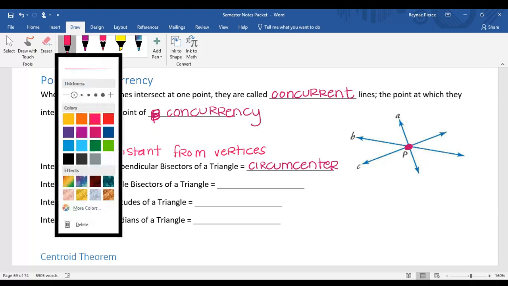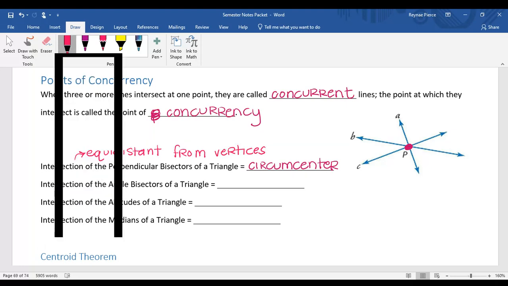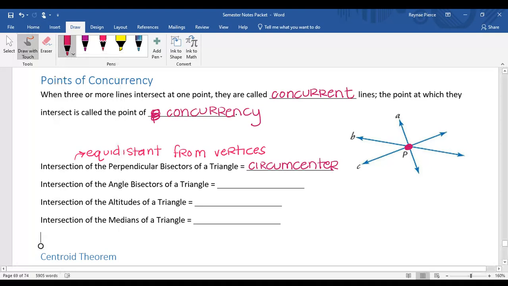Angle bisectors, if we put all three of those in a triangle, that point of concurrency is called the incenter. And the incenter, that singular point, is equidistant from the sides.